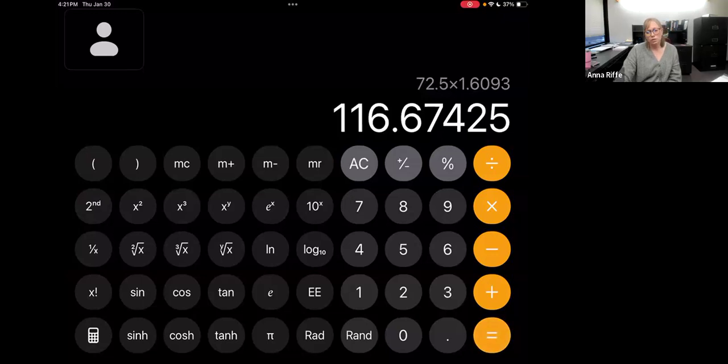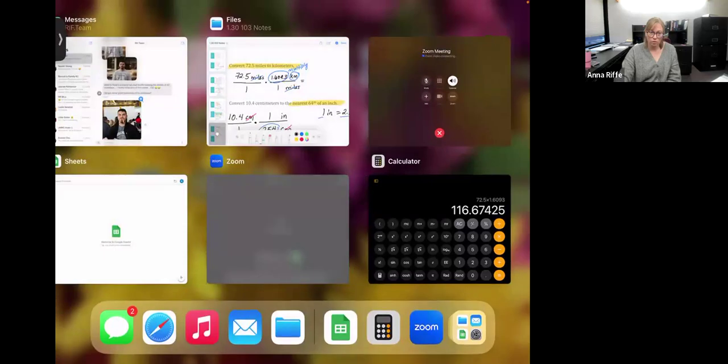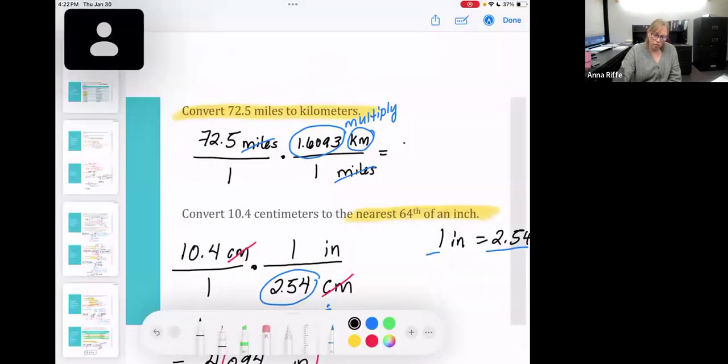You get 116.67. And because that 4 right to the right of the 7 is smaller than 5, we're going to leave the 7 as is. We're not going to round it up to 8. So it should be 116.67, and our unit is kilometers. Perfect.